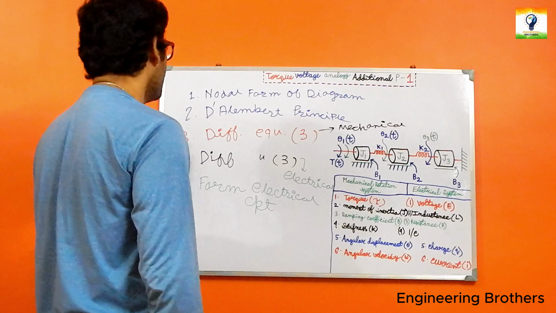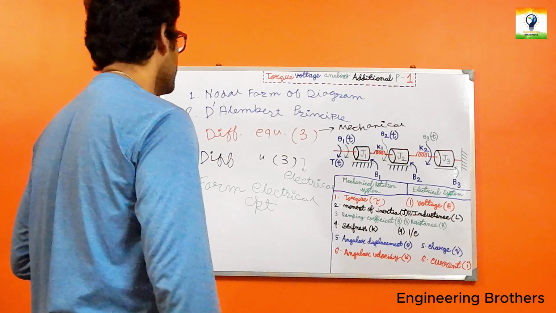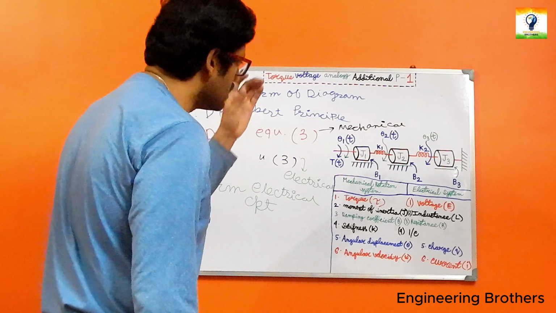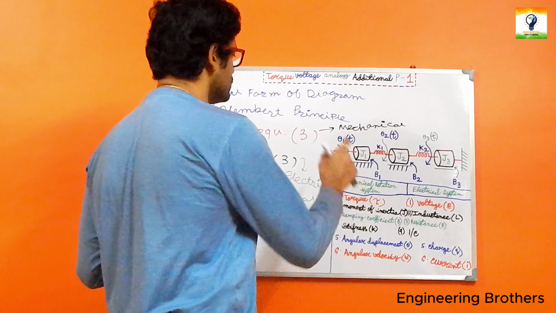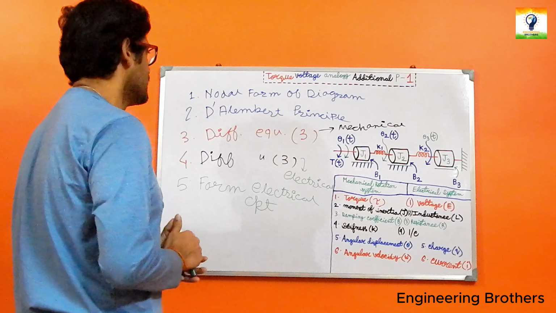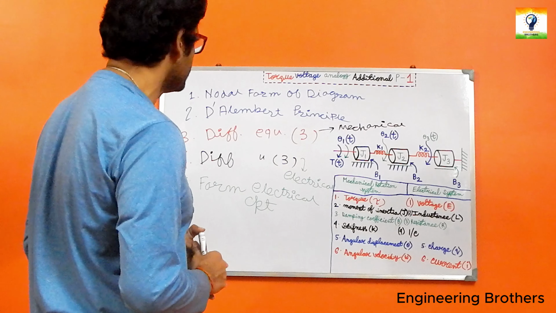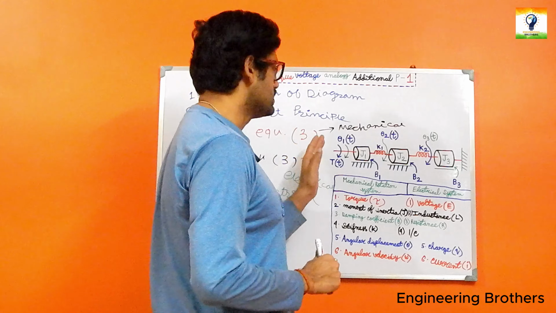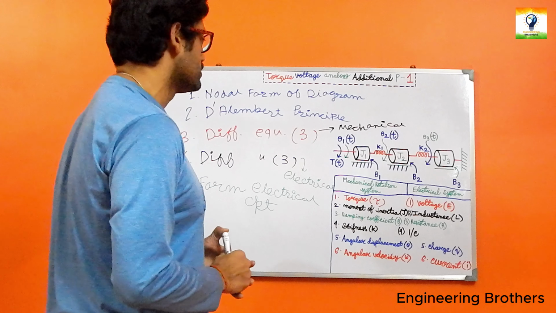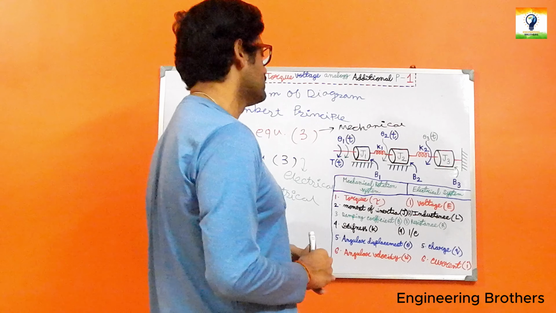First, we need to convert this conventional mechanical rotational system into a nodal form of diagram, and in the next stage we need to apply the D'Alembert principle on each and every angular displacement: theta 1(t), theta 2(t), theta 3(t).